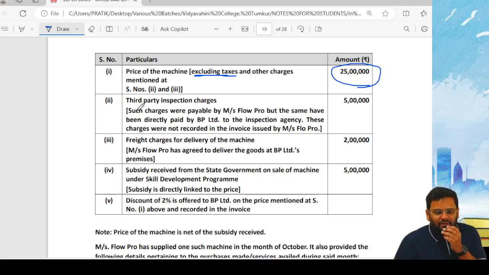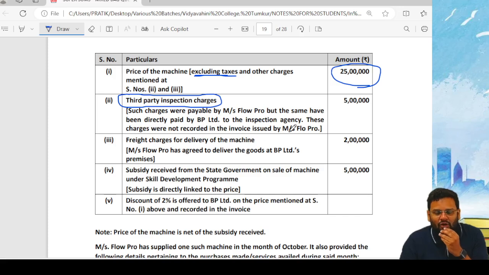Let's see. Third party inspection charges. Let's see in detail what they want to say. Such charges were payable by FlowPro. FlowPro means supplier, but the same have been directly paid by BP Limited, means recipient of supply, to the inspection agency.